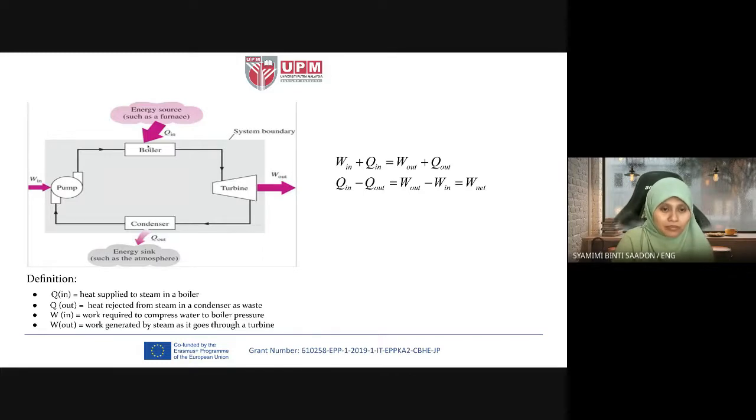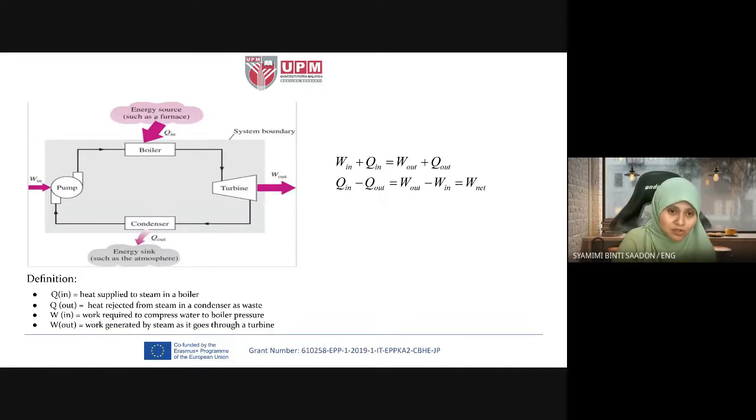So in order to boil or evaporate the working fluid, we need an energy source, a heat source, given to the boiler, given to the combustion chamber. We need a source to burn it or to heat it up. So this heat source is the thermal reservoir that acts as a heat supply.